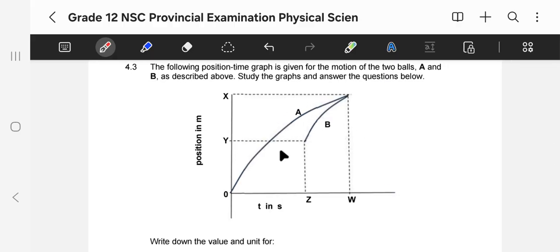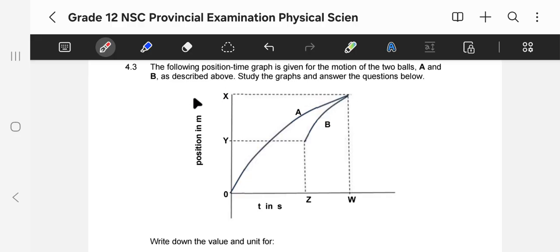This side position is for our heights, and this side we have our times. This is the motion of ball A. Ball A started on the ground and then it traveled up until it reached maximum height. Ball B was thrown from the top of the building until it reached maximum height.